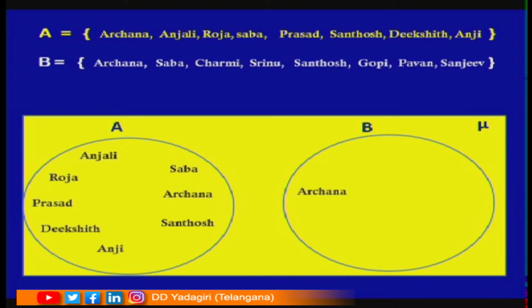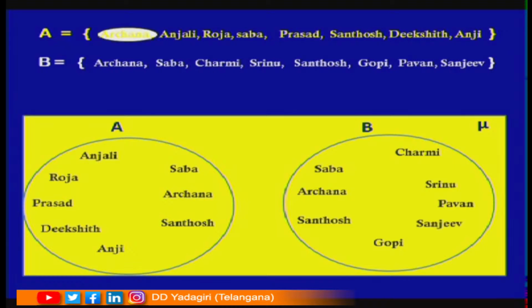In set B, you see Archana, Sabha, Charmi, Srinu, Santosh, Gopi, Sanjeev. Now, if you observe, there are common elements, just see the blinking common elements. Sabha, Sabha, yes, in both sets you see.